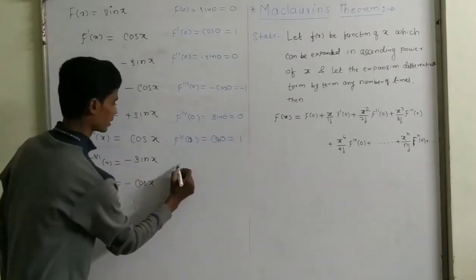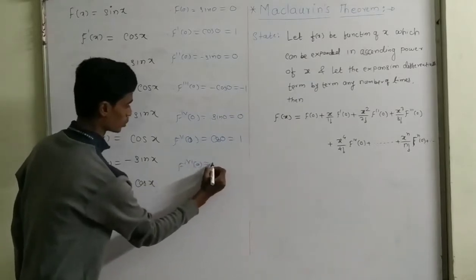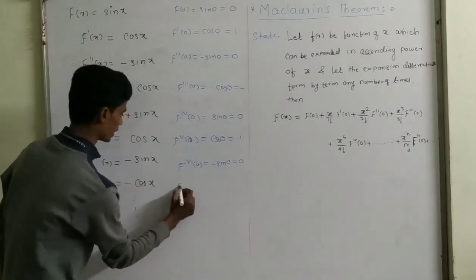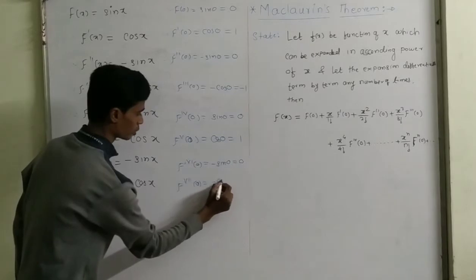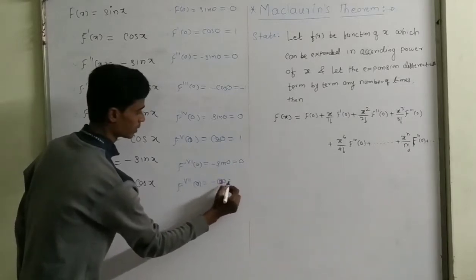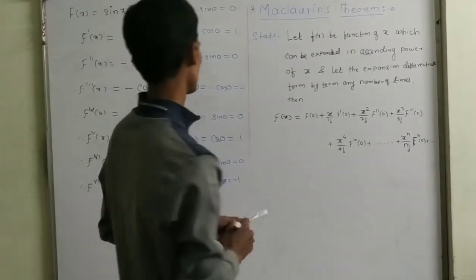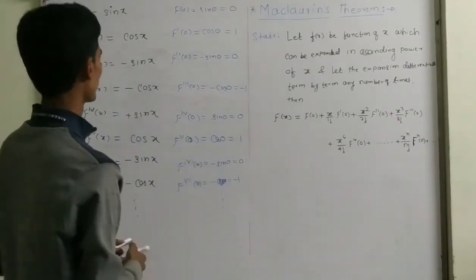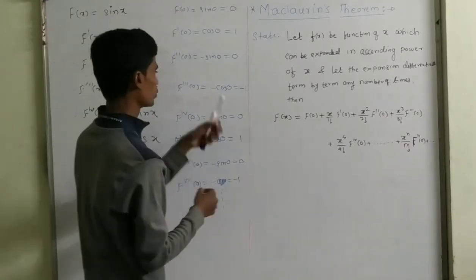Here again the sixth derivative at x equal to 0 is minus sin 0, which is 0, and the seventh derivative is minus cos 0, so it is minus 1, and so on. Now see here, we get the values up to the 7th power. I am just taking the maximum power, up to the 7th derivative, for your understanding.